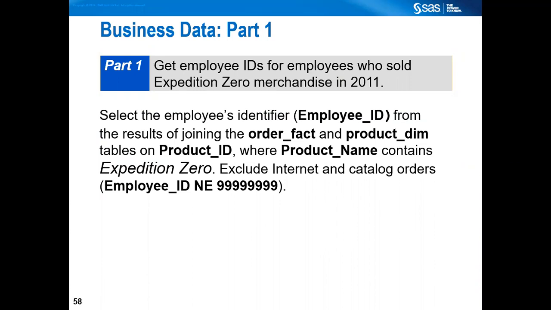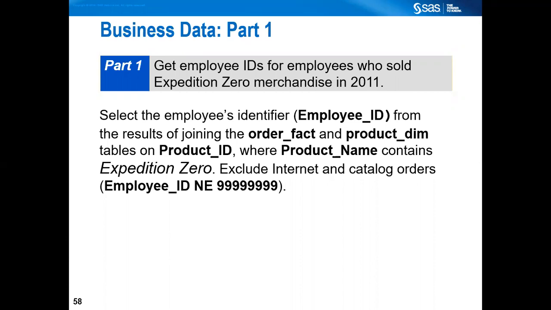So select employee identifier, that is employee ID, from the results of joining order fact and product underscore dim, where the product ID and product name contains Expedition Zero, and we are going to work with only that information where the sale was performed via retail sale, because for internet and catalog sale we do not have a sales representative coming into the picture.